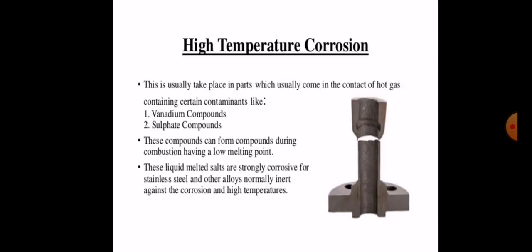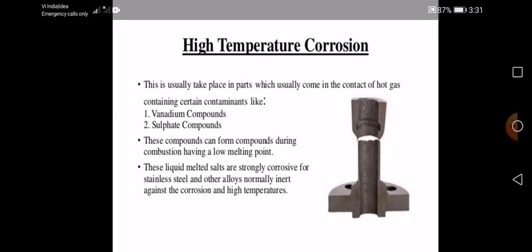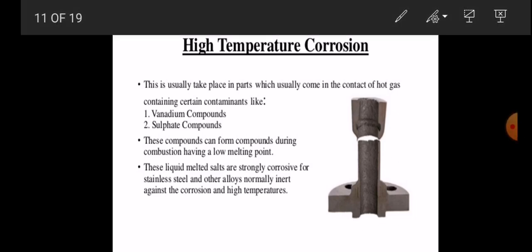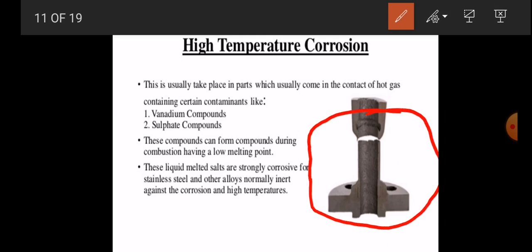First of all, over here you can see high temperature corrosion, in which there are certain contaminants, like vanadium compound, sulfate compound. Over here you can see the figure, this image. When high temperature corrosion occurs, that particular component will break easily, right?